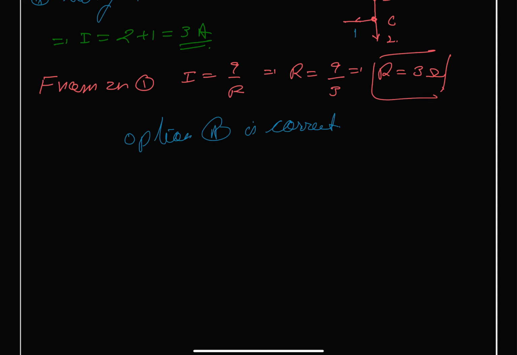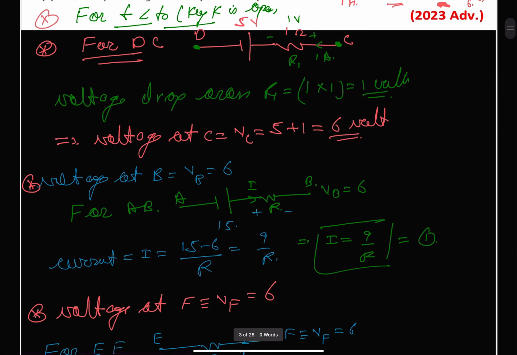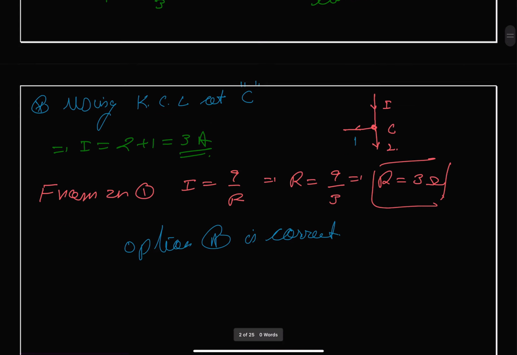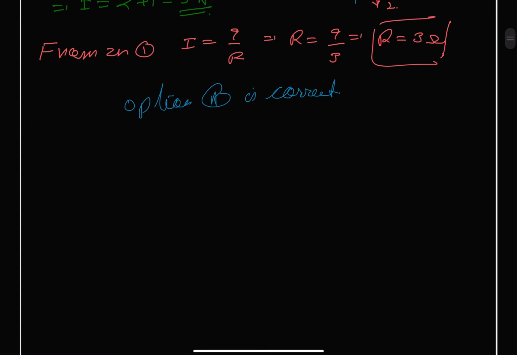And next, it says that at t is equal to t naught plus 7.2 microsecond, the current in the capacitor is 0.6 ampere. So basically here now the switch is closed. You can say that key is closed.